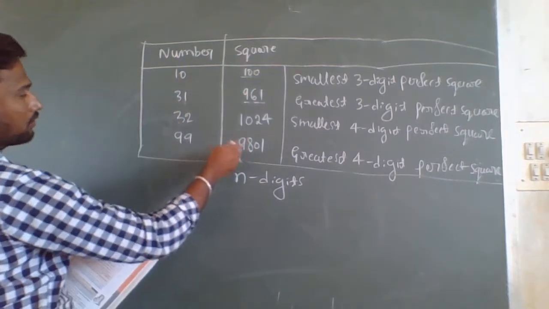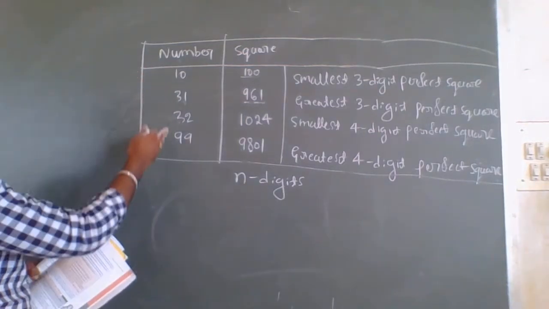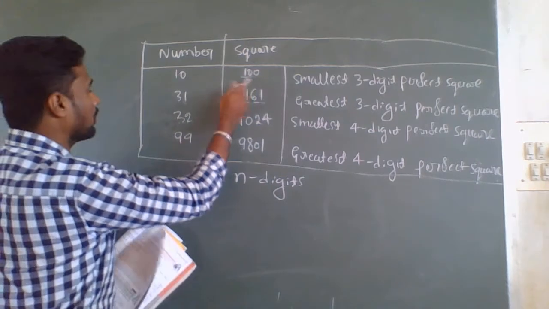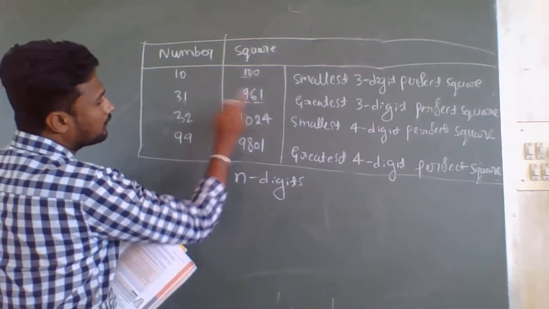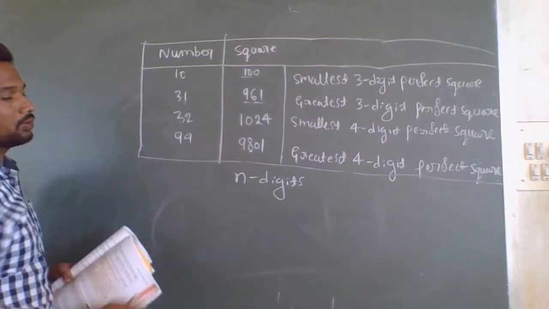If these are square values, these are square root values. Why are these square root values? You multiply 10 two times, 10 into 10, 100, 31 into 31, 961. So these are square numbers, these are square root numbers.